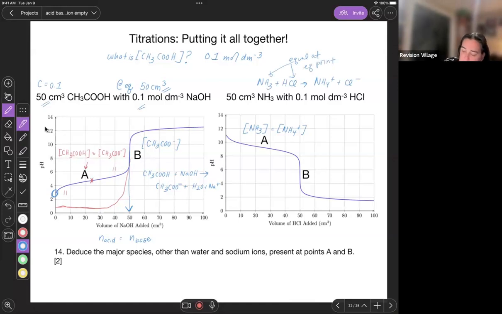All of the NH3 should have been converted into NH4+, so the only thing you should have present here is the weak acid. There you go. 2-mark question. What is present?